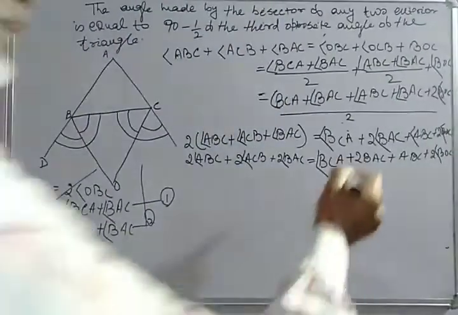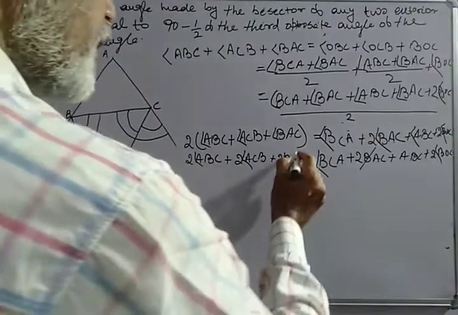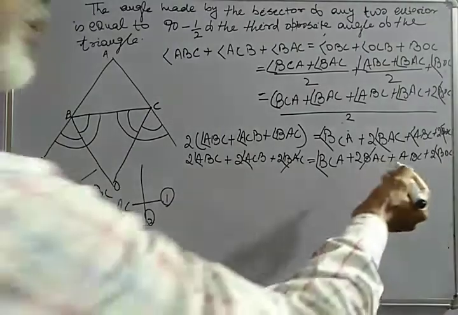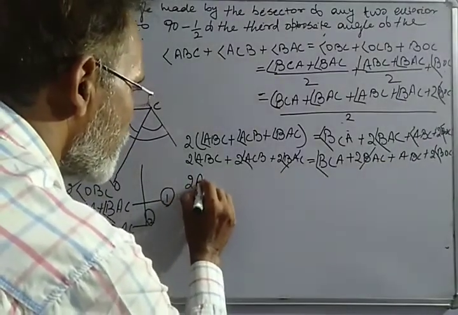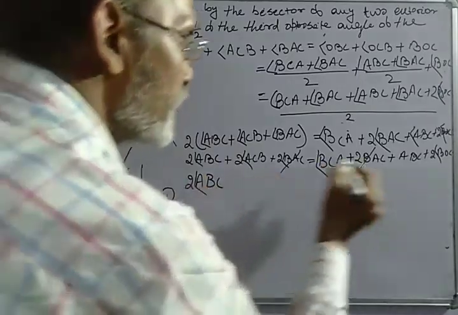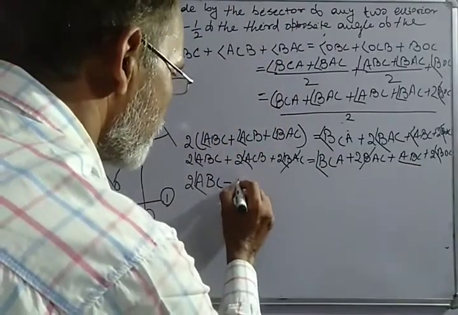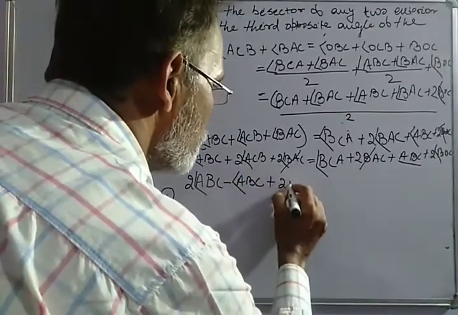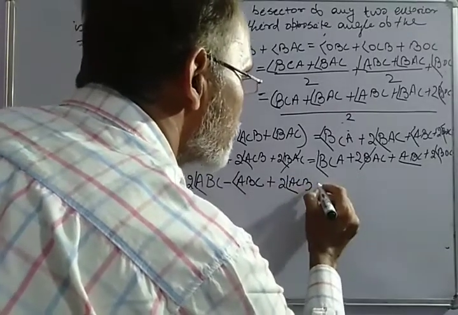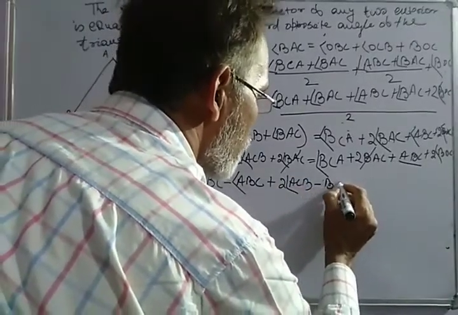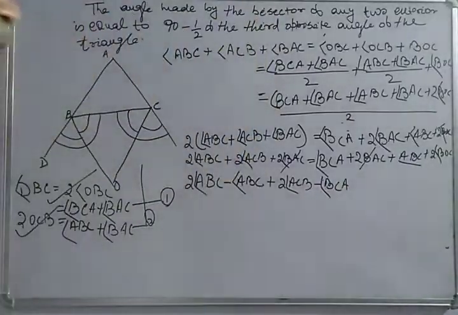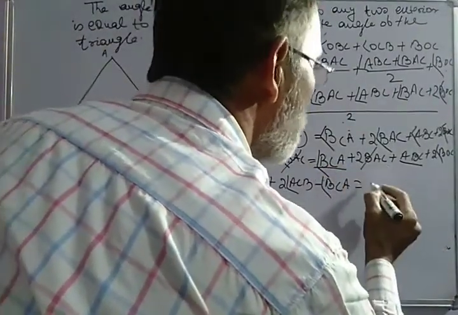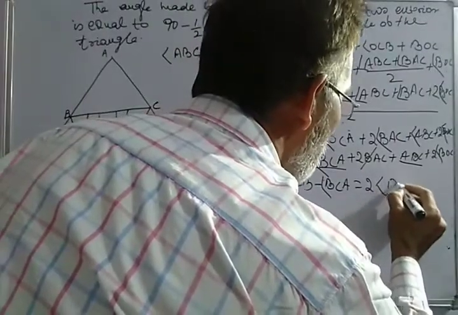Now see here, 2 BAC and 2 BAC cancel. Now I am bringing ABC to this side, minus ABC, plus 2 ACB minus ACB, minus BCA, whatever you can say, BCA and ACB are the same angle, is equal to 2 angle BOC.